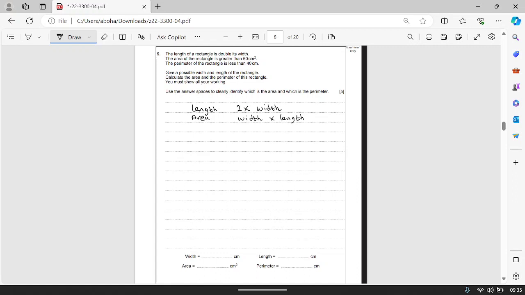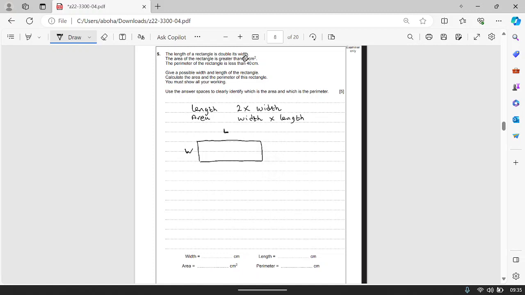So the question now is this: give a possible width and length of the rectangle. If you imagine you've got this rectangle, I'm just going to make this up, okay? It's got to be greater than 60. We'll say that's W for the width, and there's the length. We know the length is 2 times the width.